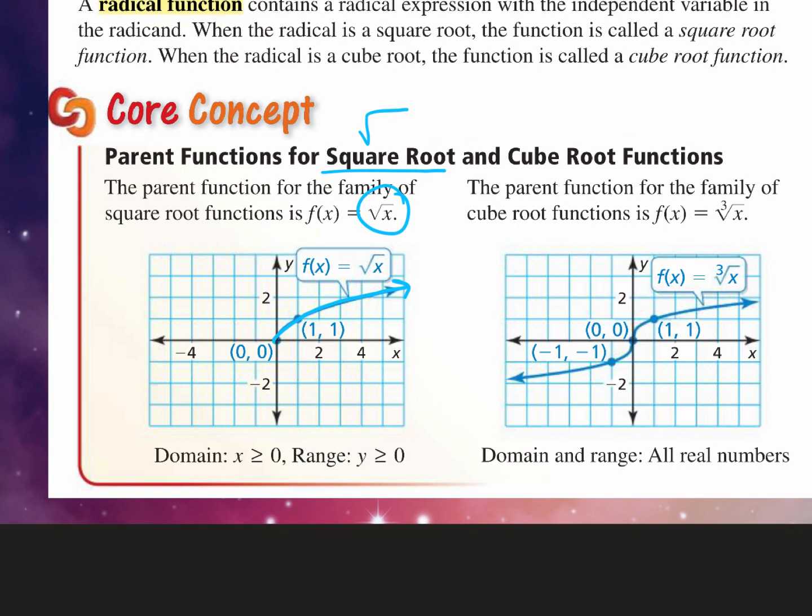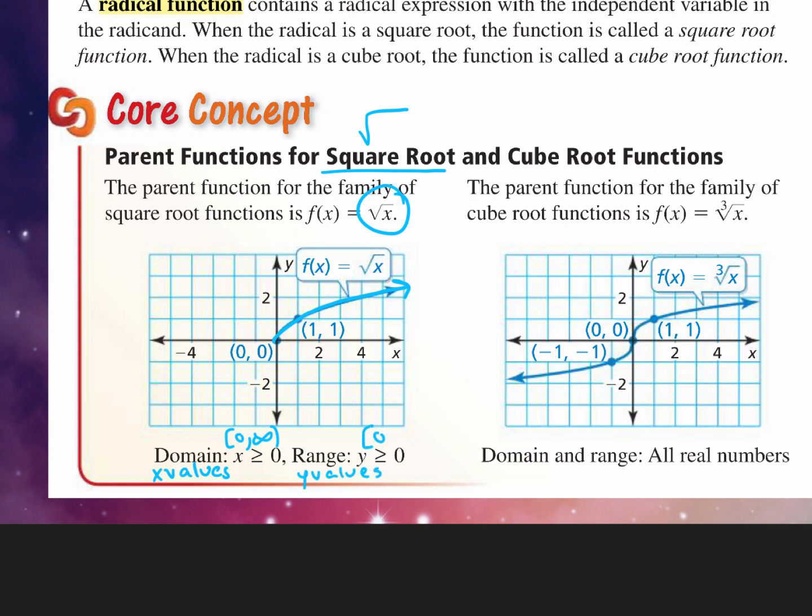And then our domain, we talk about the x values. It's when x is greater than or equal to 0. So we would write it as from 0 to infinity. And then our range is the same thing, but range is talking about y values.